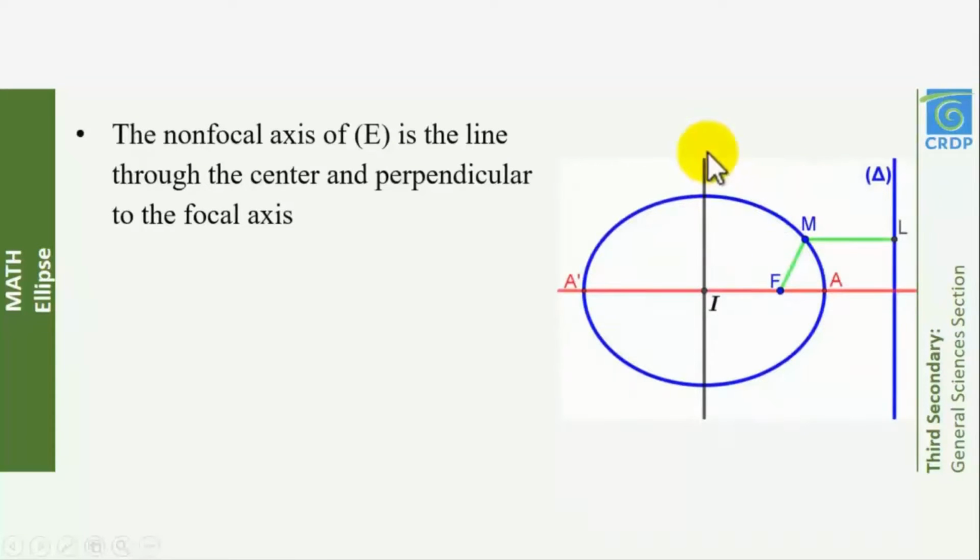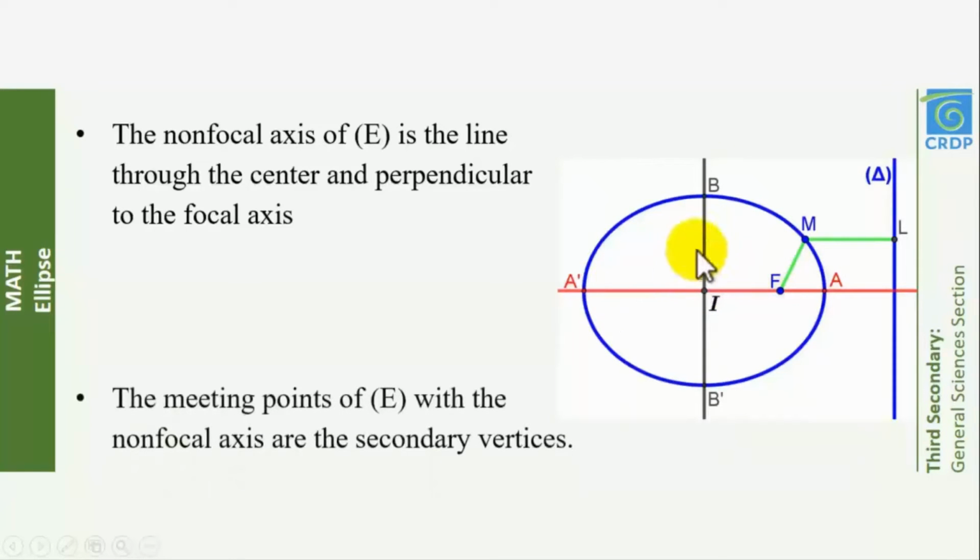The non-focal axis of E is the line through the center and perpendicular to the focal axis. The meeting points of E with the non-focal axis are the secondary vertices.